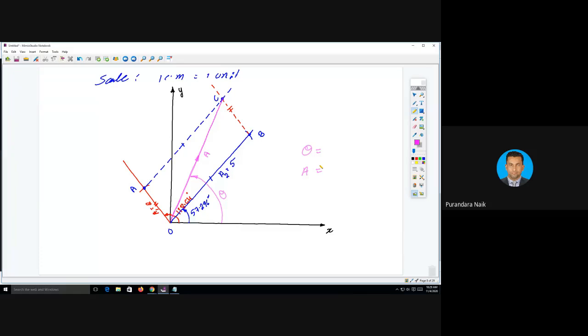The diagonal of the parallelogram OACB indicates the amplitude of the resultant SHM, and the corresponding angle theta of the resultant SHM.